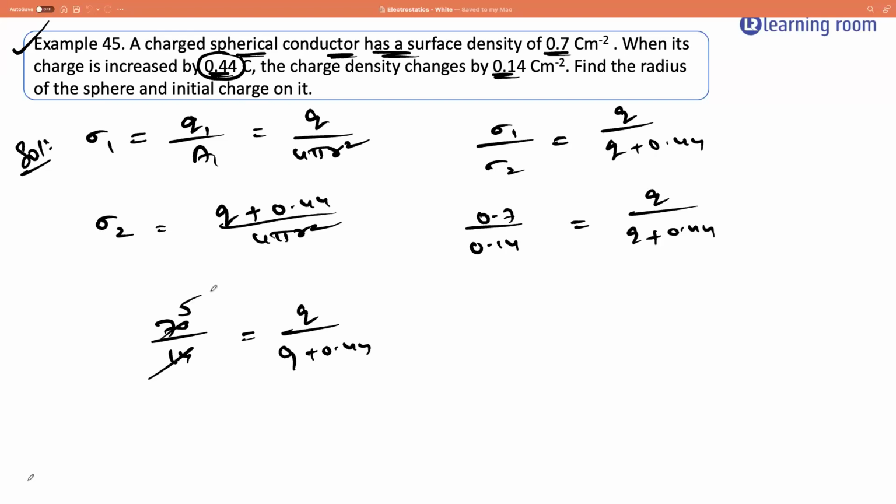So it's going to cancel 5 times, which implies 5Q is equal to Q plus 0.44 into 5. Okay, 5Q equals 5Q plus 2.2. So 4Q is equal to minus 2.2. So what is the value of Q? Minus 0.55. Minus 0.55 coulomb.